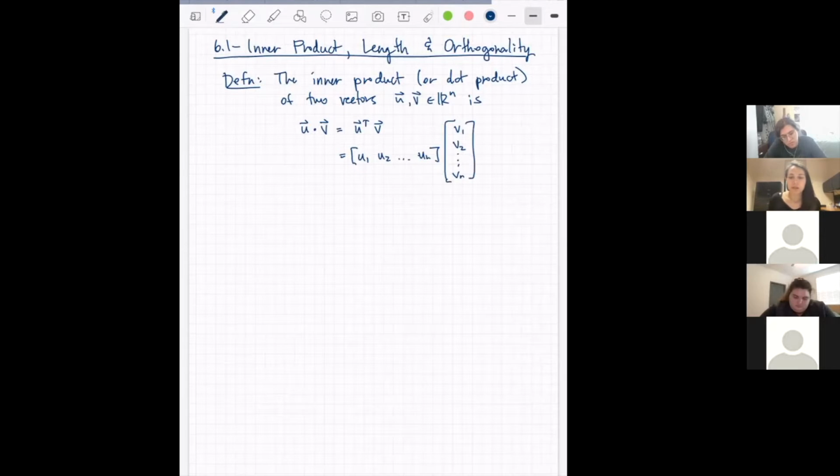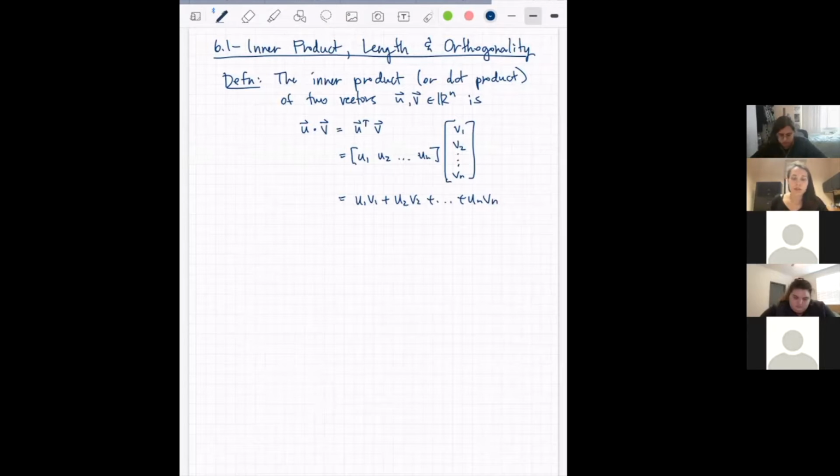And then we just do regular matrix multiplication, which in this case will give us just a number. So we would get u1 times v1 plus u2 times v2 up to un times vn.